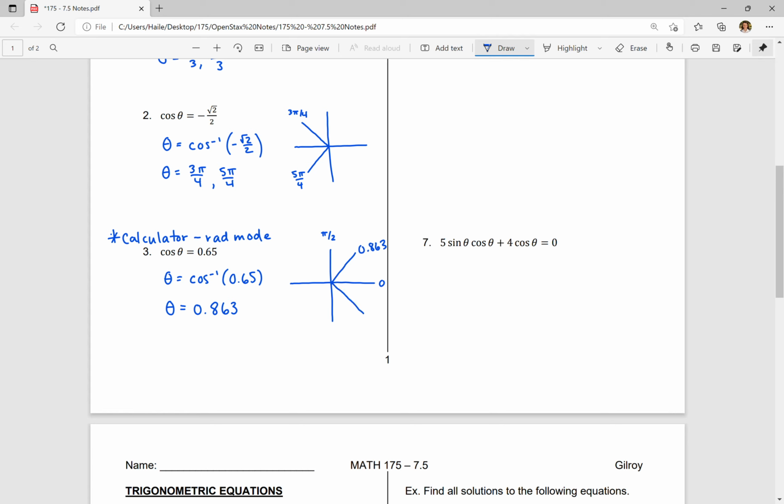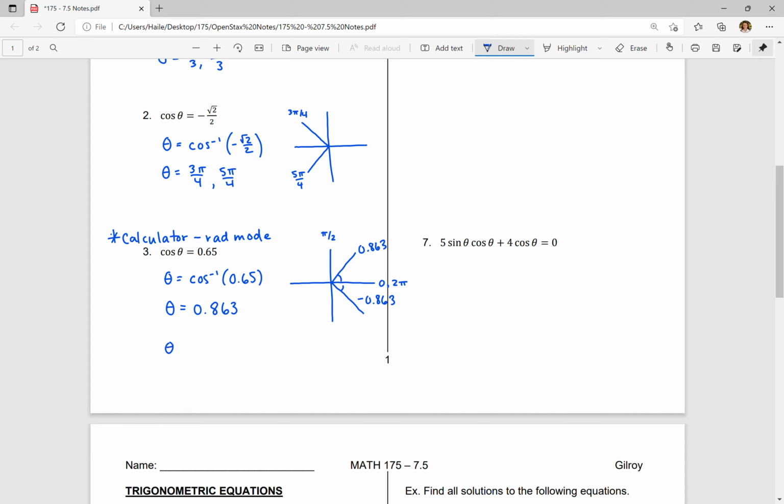And what's going to happen with this is we're going to get this symmetry where the angle above the x-axis is the same distance as the angle below the x-axis. So this angle is going to be negative 0.863. However, we don't really like negative angles when we're solving equations because we want our angles between 0 and 2 pi. Okay, so the way we can figure out a positive angle is we can just say, well, we know that the x-axis we can think about as 2 pi.